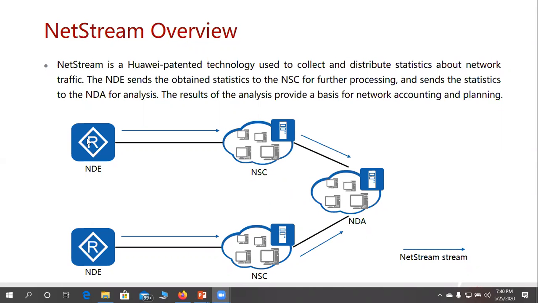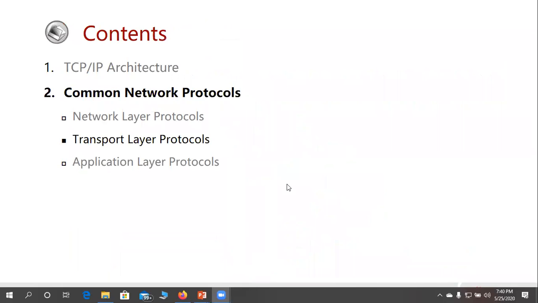Okay, so this is NetStream, also for analyzing traffic. It has the NetStream device exporter, which exports traffic to the NetStream collector, and then finally to the NetStream analyzer, to analyze the traffic for the sake of accounting as well as planning.